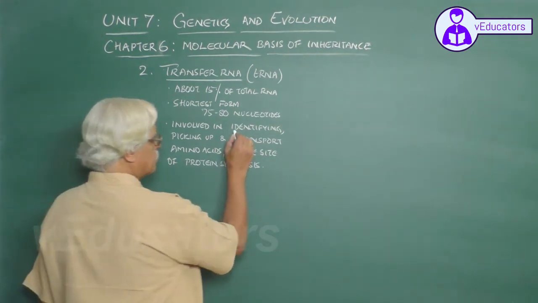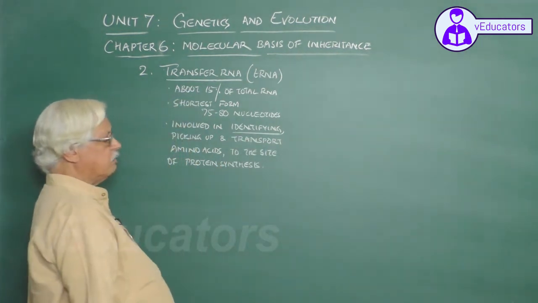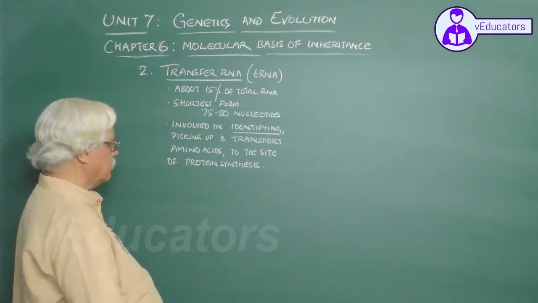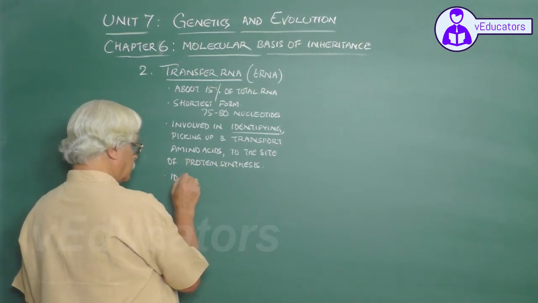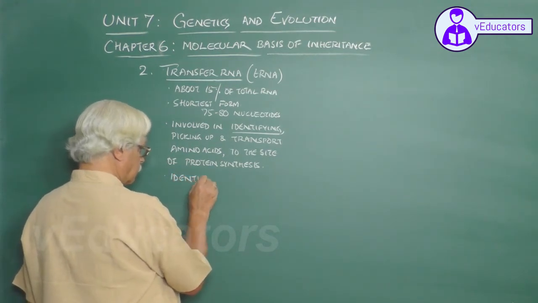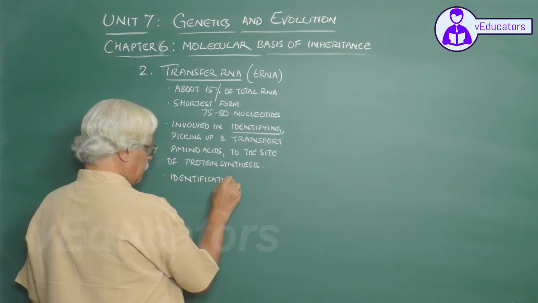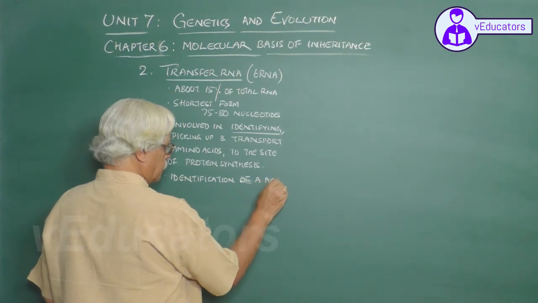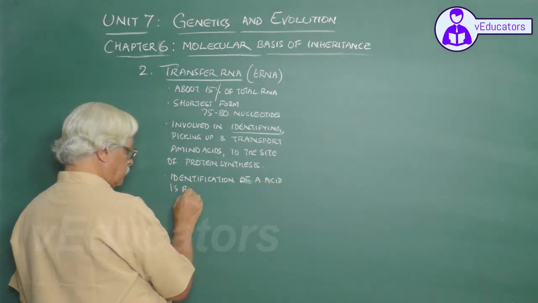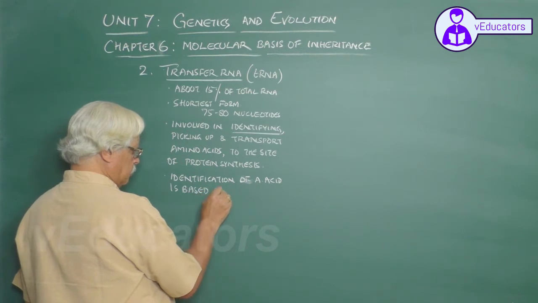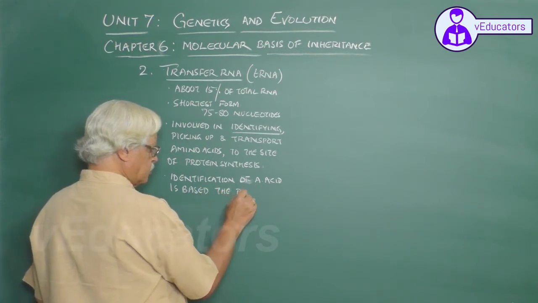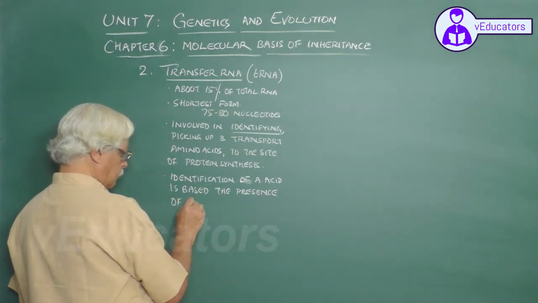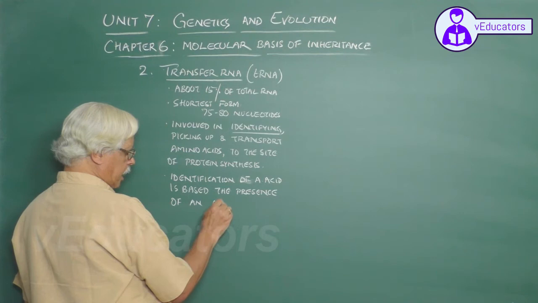The identification of the amino acid by the tRNA molecule is based on the presence of what is known as an anticodon.